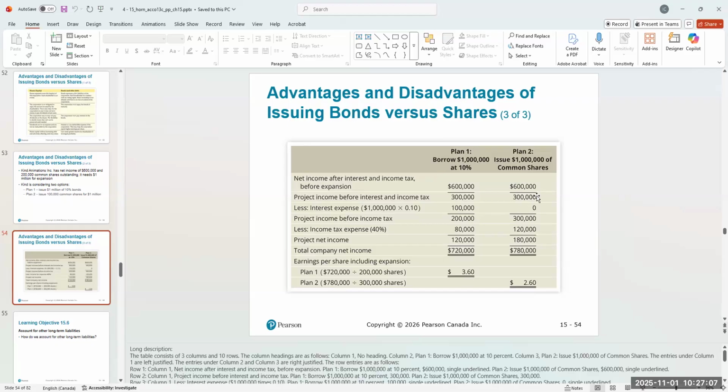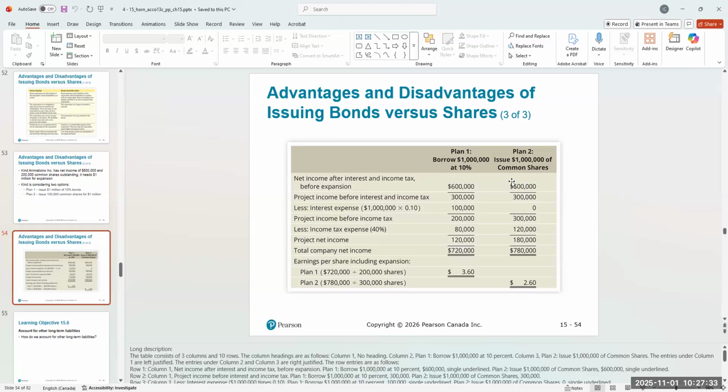In the other scenario, net income after interest and income tax before the expansion is 600,000. We're projecting to generate 300,000 more. But we have to pay taxes, 120,000 at 40%. Then projected income after paying taxes is 180,000.